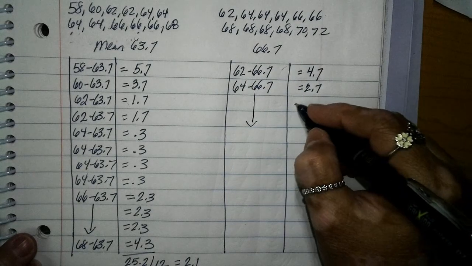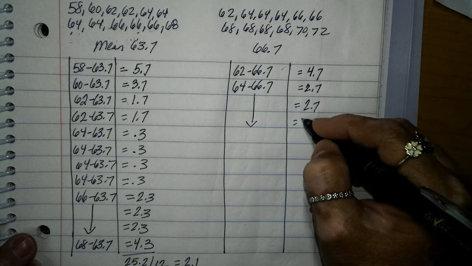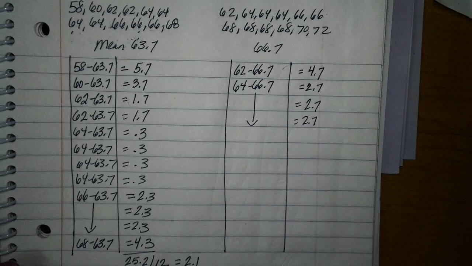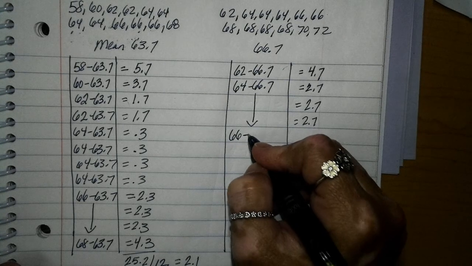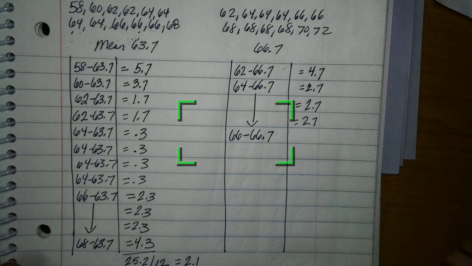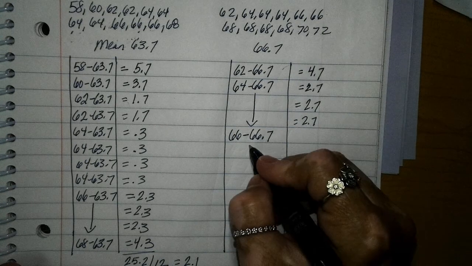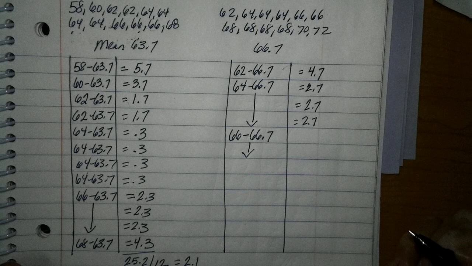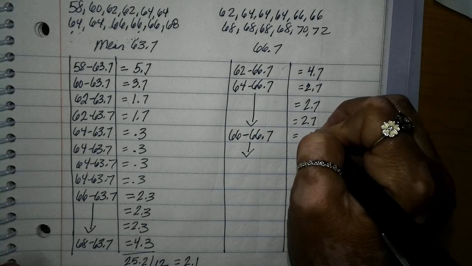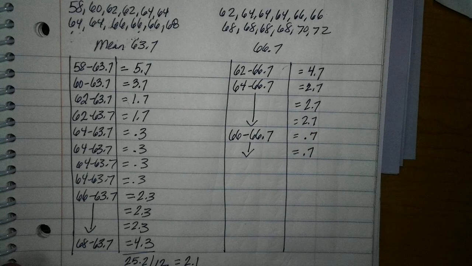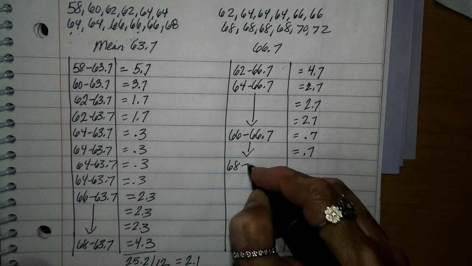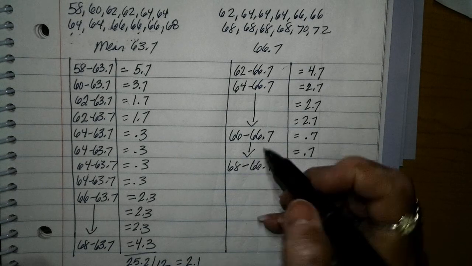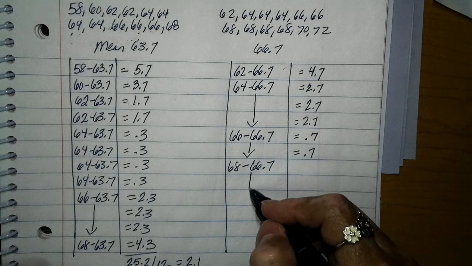So I'm just going to draw an arrow. And then we have 66 minus 66.7, and we have 2 of those. So that difference is 0.7. And then we have 68 minus 66.7, and we have 1, 2, 3, 4.